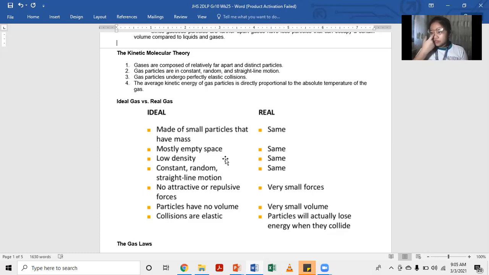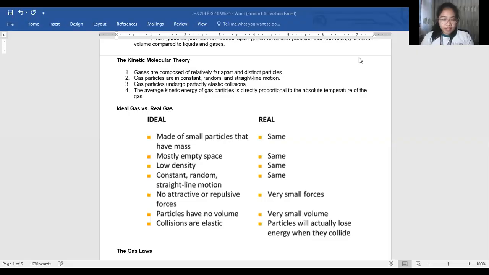Okay? So, ngayon, punta tayo sa different gas laws natin. So, proceed na tayo sa different gas laws. Meron tayong tatlo na basic, tapos meron tayong pinagsama.